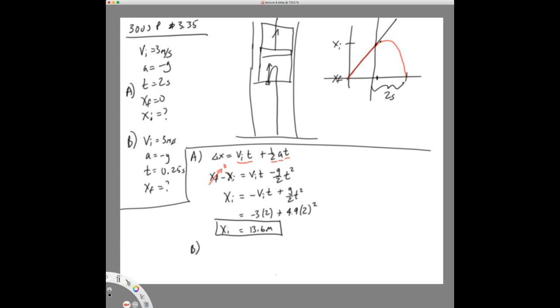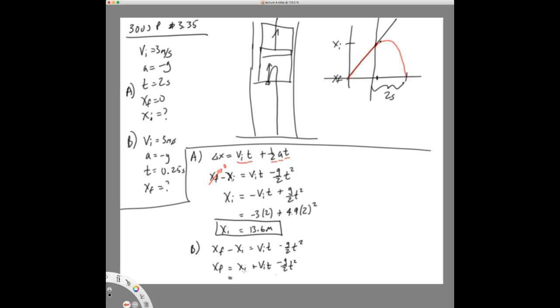Then part B, I want to know how high it goes after this certain time, so I'm going to use the exact same equation. x final minus x initial equals v initial t minus g over 2 t squared, and x final is equal to x initial plus v initial t minus g over 2 t squared. And we know all of this information. I should put b's on everything, but I think we can probably keep it straight.